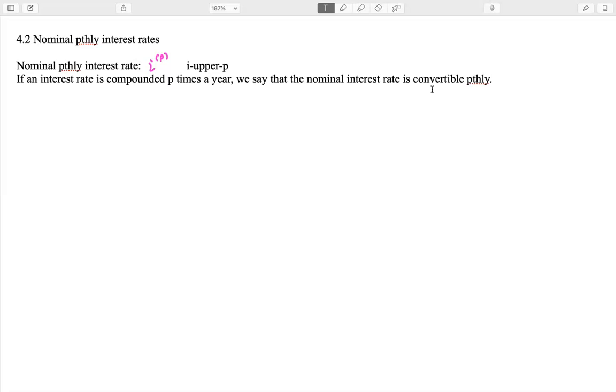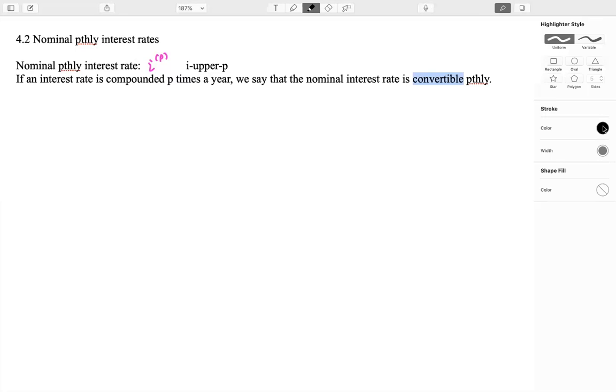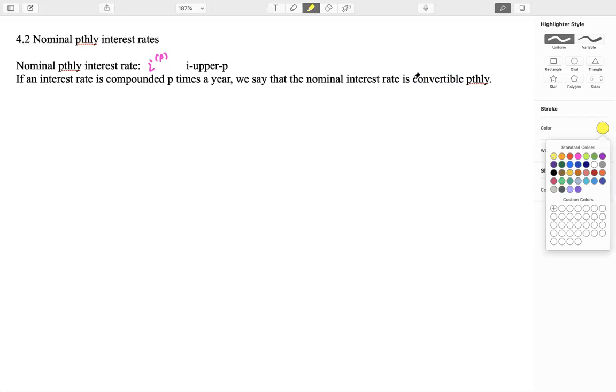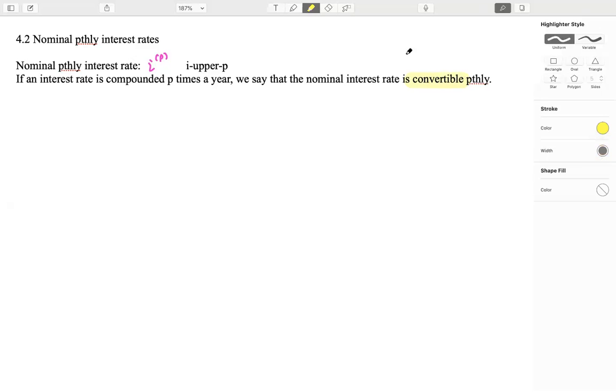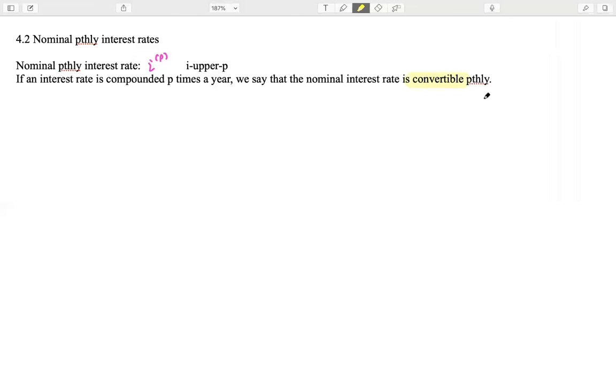We will see in a minute what it means by convertible pthly. Let me use this as a highlighter. Later on we will see the meaning of convertible, and how we can convert between different frequencies.